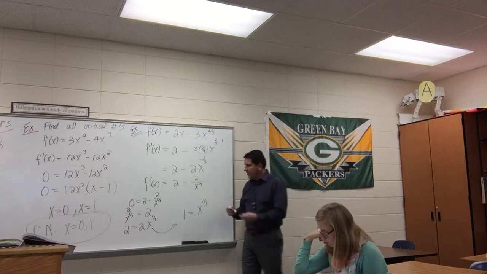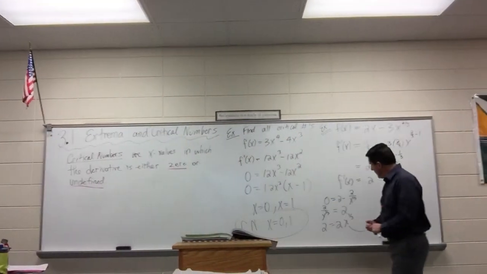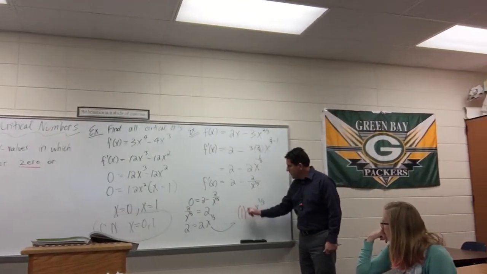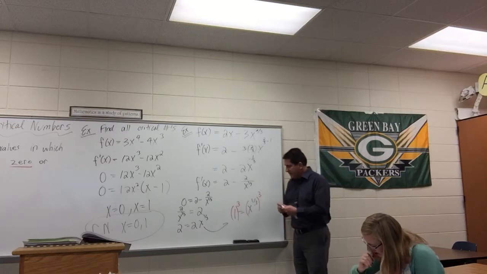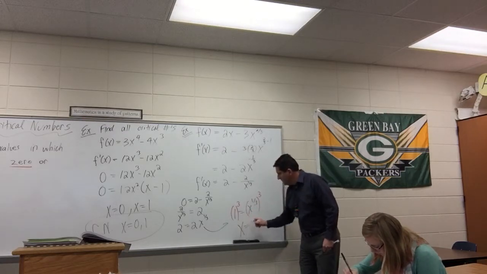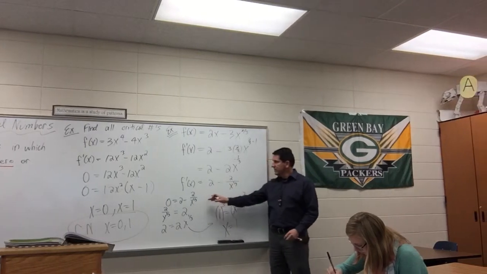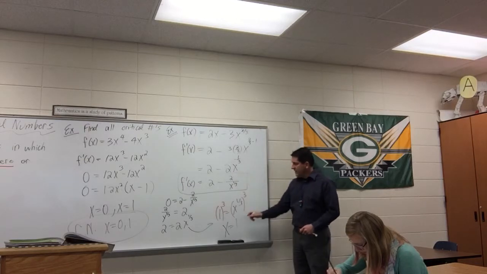Now technically, the way that you're solving this one is you're raising both sides to the 3rd power, and that's where you get x equals 1. So this derivative is equal to 0 when x equals 1.